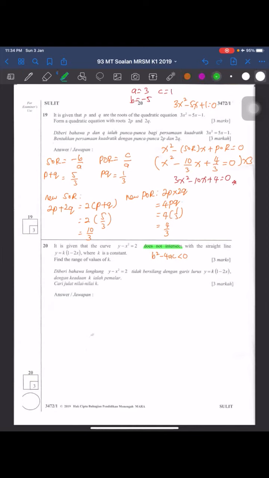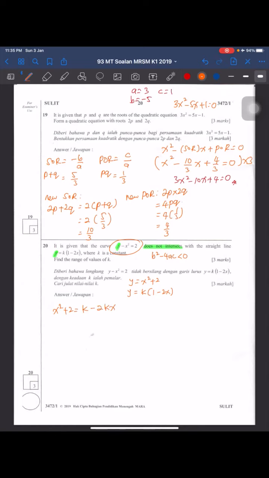Okay, so look, here we have y, here we have y. Okay, so cuba ubah this equation. So we have y equals to x square plus 2. The other one we have y equals to k minus 2kx. Okay, so kita boleh samakan. So we have x square plus 2 equals to k minus 2kx.